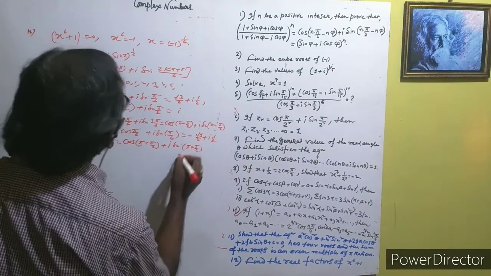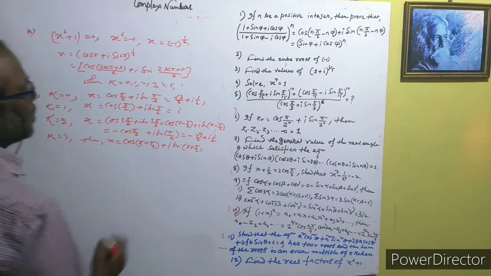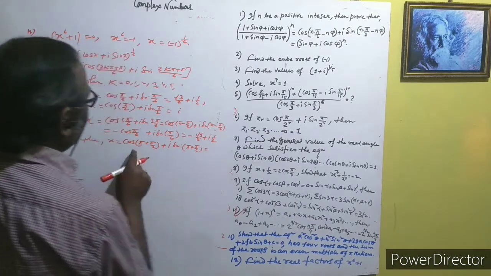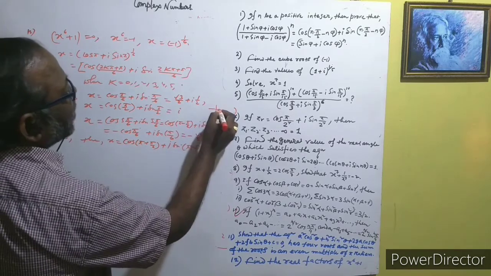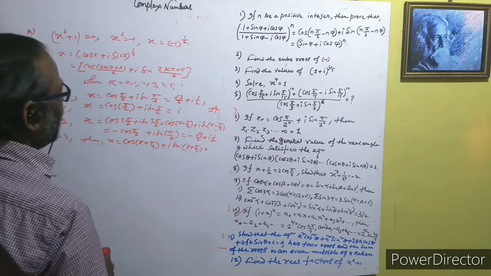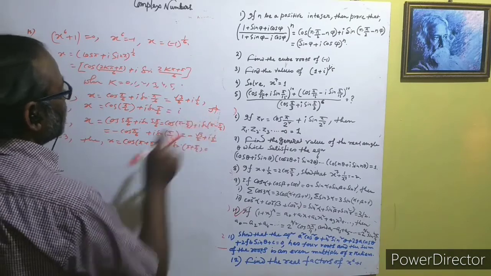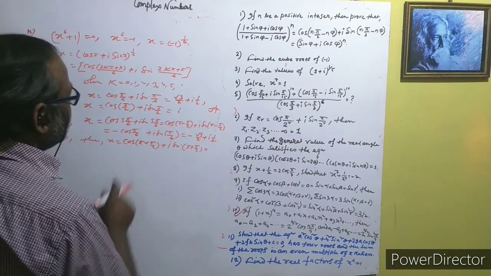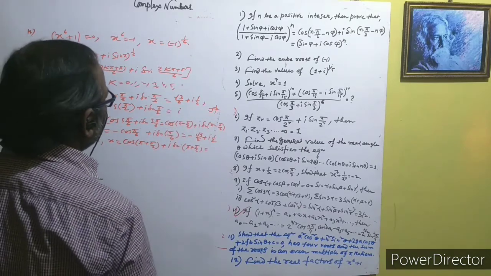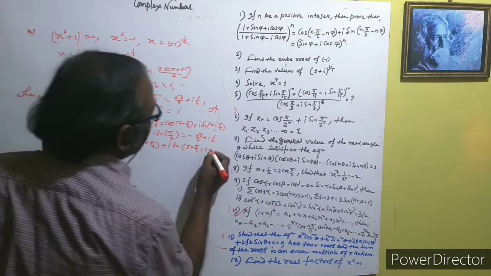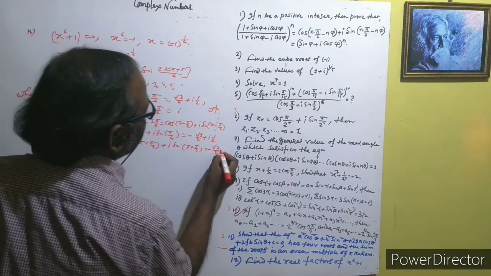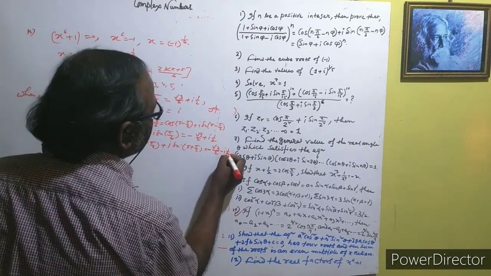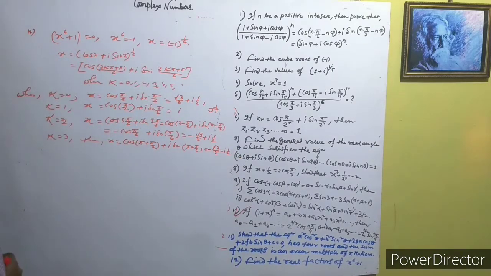Both are in the third quadrant, so this is minus cos pi by 6, that is minus root 3 by 2, and minus i sin pi by 6, so also minus half.